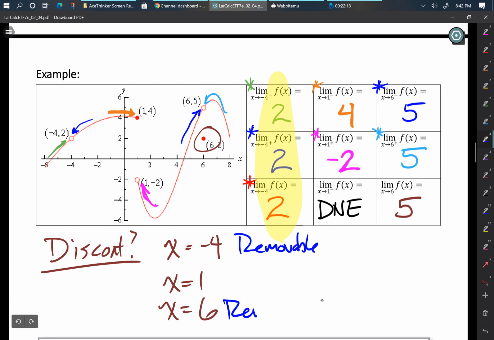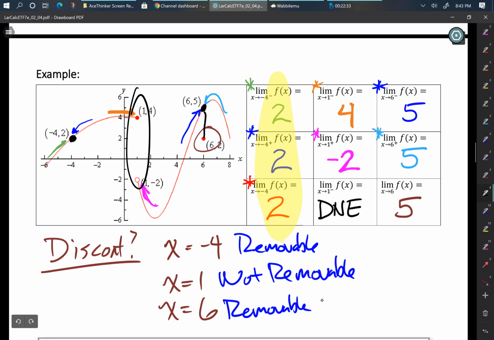This one is removable. This is not removable. We can fix the one over here on the left at -4 by just filling it in. We could fix the one at 6 by just moving that point up. But I can't fix this one because my graph is broken there. Okay, the pieces don't match up.